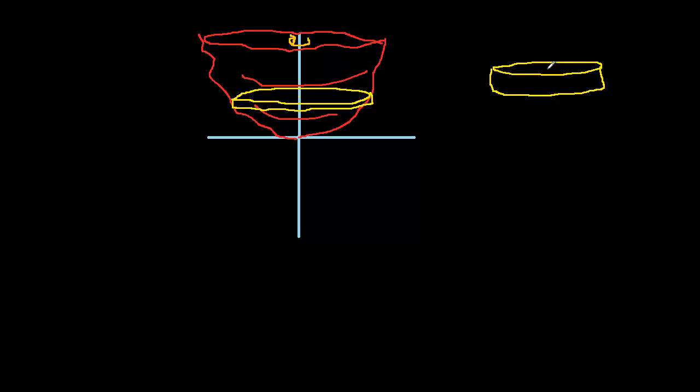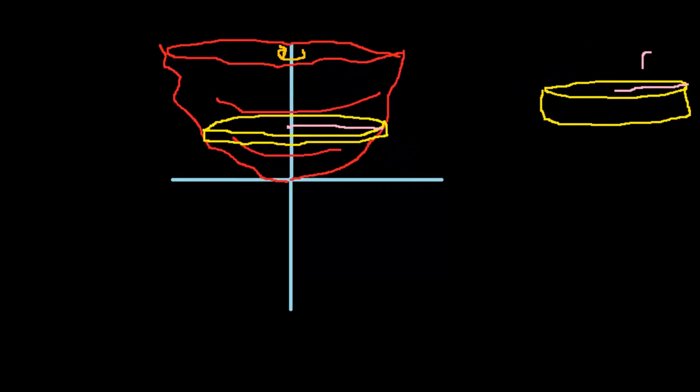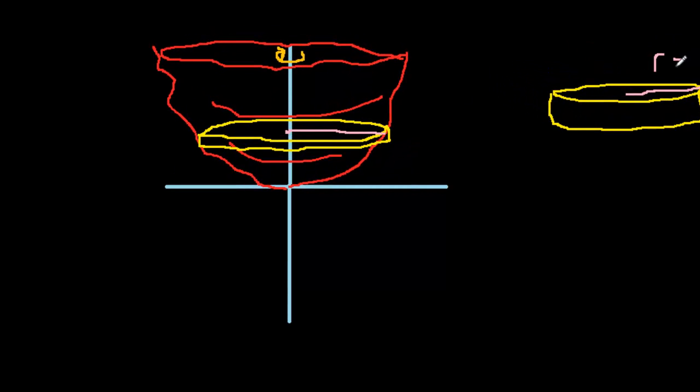So thinking about that, we have a radius here. In terms of this problem, the radius is exactly this curve. That's the red line here. That's the radius from the axis of revolution out to the red curve. That is going to be our function in terms of y. So we have to think about what this red curve is as a function of y.